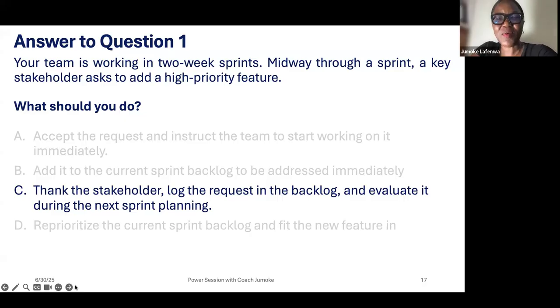All right, thank you very much. That's actually the answer. The reason why B is wrong is "add it to the current sprint backlog." Sprint backlog is the work to be done. You pick the work. So let's say I'm to design a website, and based on whatever features you have given me, I've started work.